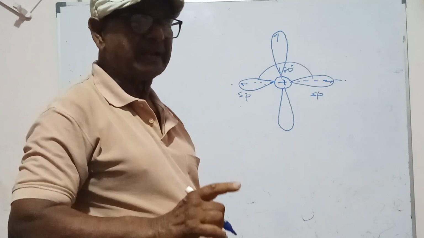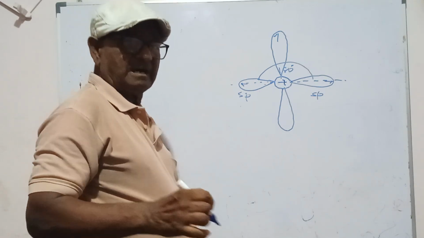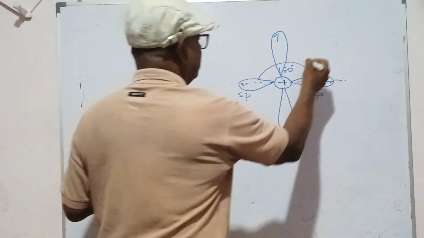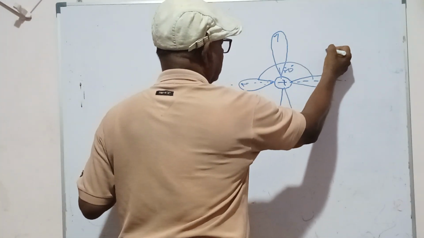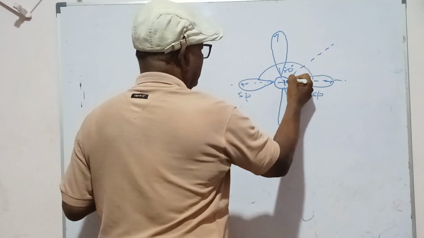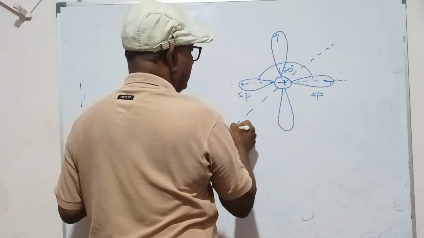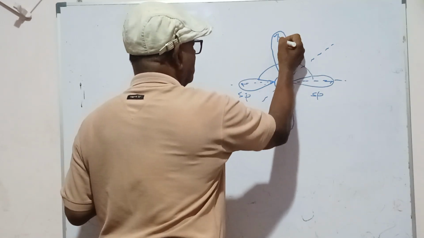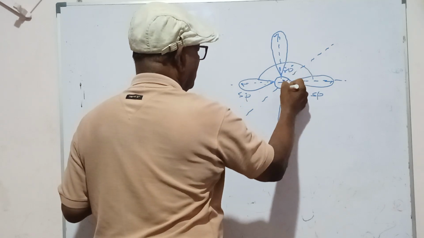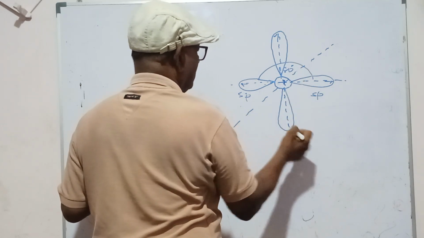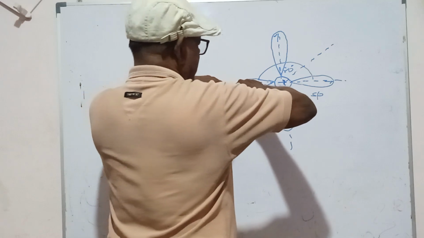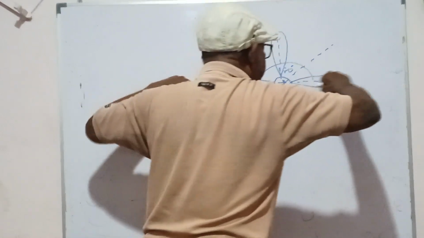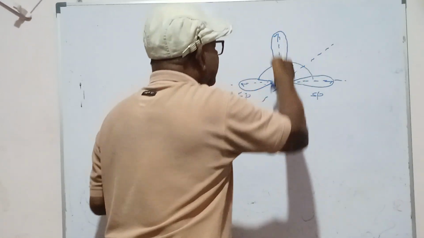So, where is the other one? The other one is arranged perpendicular to the horizontal line, along the vertical line.